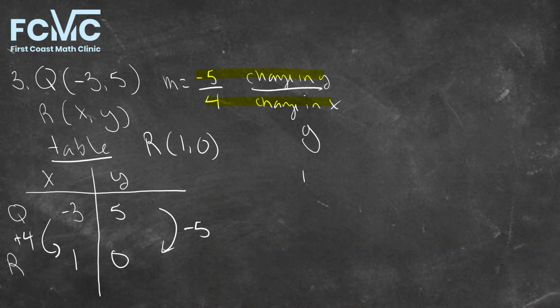Now let's use a graph. And let's figure out where we are and where we're moving. So we've got a negative, positive. So that is quadrant 2. We're going down and to the right. So that's going to take us into quadrant 1 or quadrant 4.